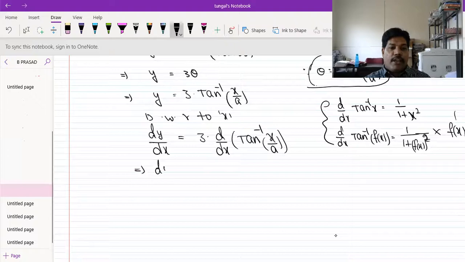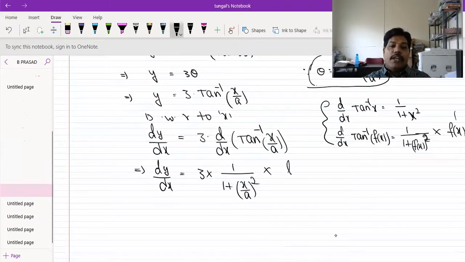So dy by dx is equal to 3 into 1 by 1 plus x by a whole square, into the derivative of x by a.